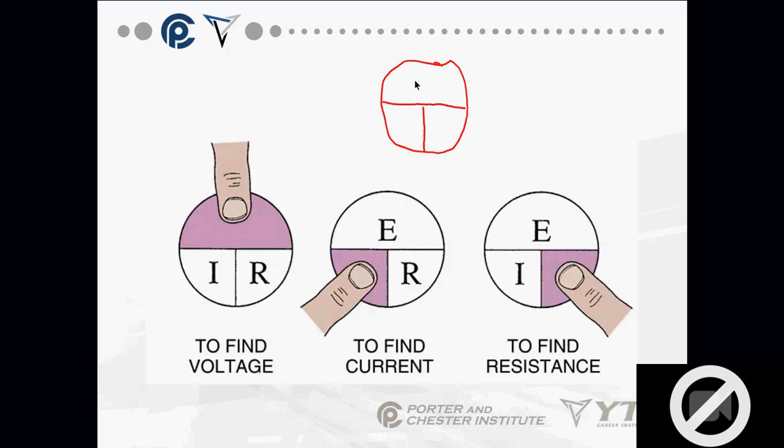Wattage is P, I, and this one's easy to remember because it sort of spells pi, E. So again, if I know the power and I know either of those other two values, I can find the missing value. Sort of makes sense to everybody?